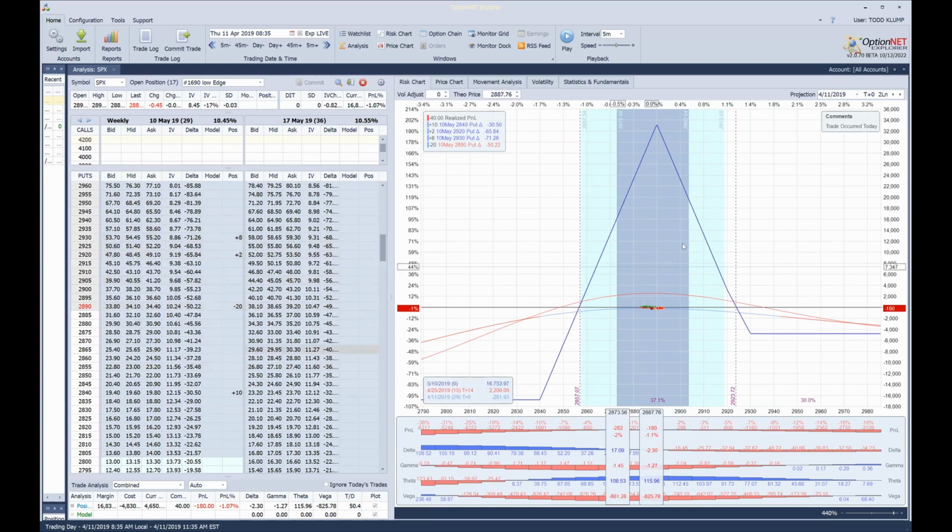What I did here is put on a butterfly, and then I wanted to zero out the delta to remove as much directionality as possible. So I broke the front wing. A lot of people are very familiar with broken wing butterflies. This is 4/11 of 2019, a low and falling edge on the ABE indicator.